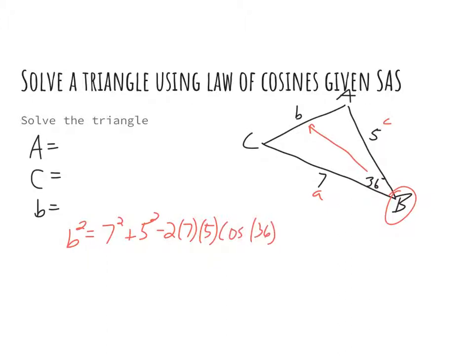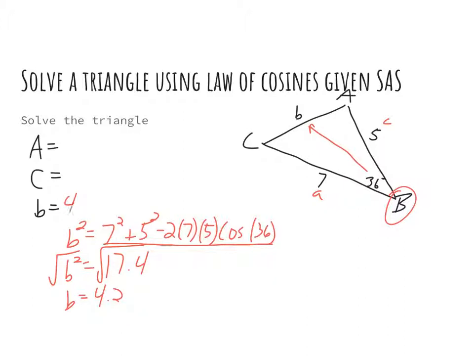Now I can actually type this right side into my calculator as I see it. When I do, I get an answer of about 17.4. Then I'm going to do the square root of both sides to get my value for B, and if I do the square root of 17.4, I get an answer of about 4.2.